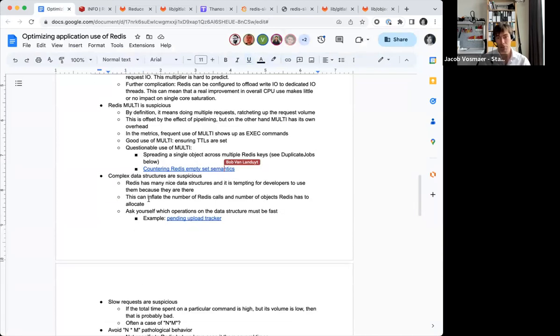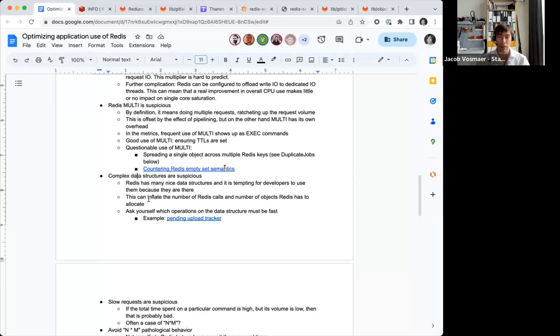Complex data structures are also suspicious when I'm looking to optimize queries, because it's just very appealing to use all the data structures, right? Redis has really cool data structures, and if you're a developer, you just think, oh, this looks like a hash, or this looks like an ordered set, and let's use one of those.